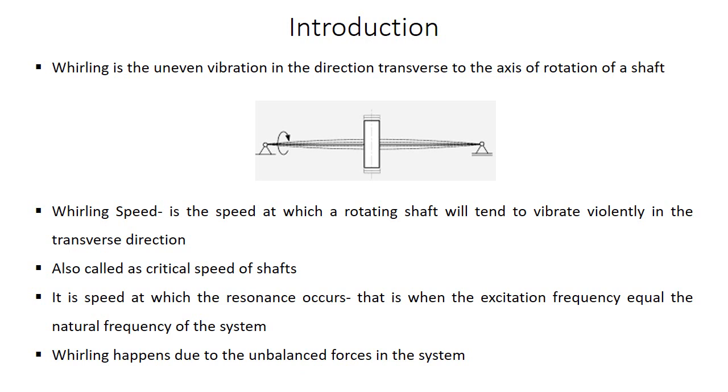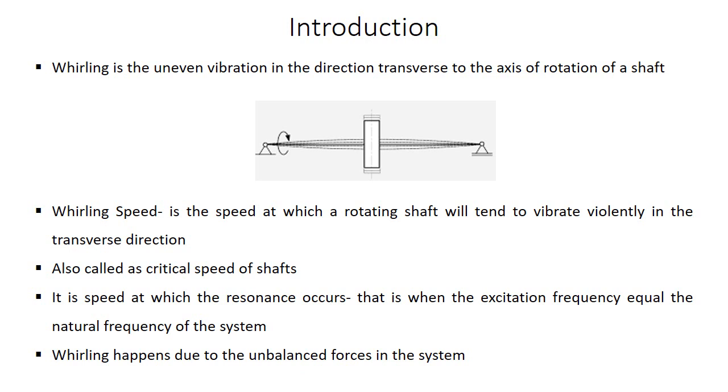We know that the resonant condition happens when the excitation frequency is equal to the natural frequency of the system. Excitation frequency means the frequency of the force acting on the system. So if the excitation frequency is equal to the natural frequency of the system, resonance happens. The whirling speed is the speed at which this resonance occurs.